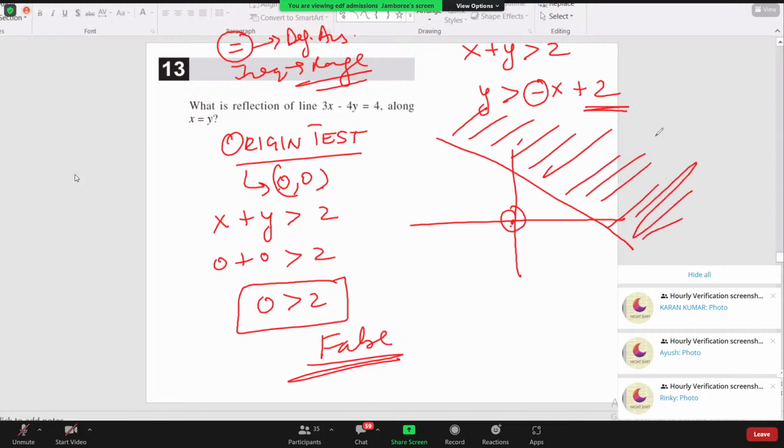Which means I can simply say that in the first quadrant, there are certain points which satisfy, certain points which do not. Similarly, in the second quadrant, certain points satisfy, certain do not. Similarly, in the third quadrant, no point satisfies. In the fourth quadrant again, certain points above the line satisfy and points below this line do not.